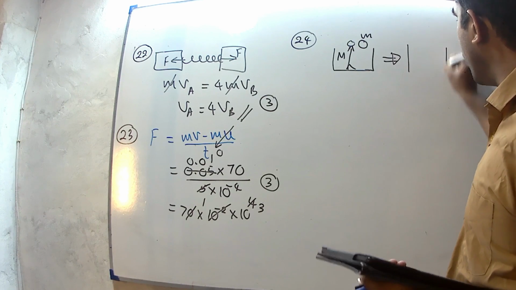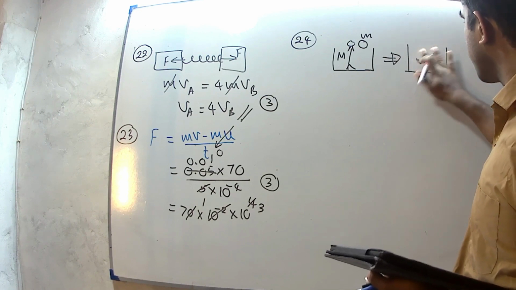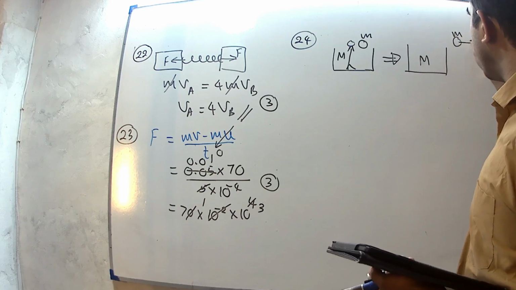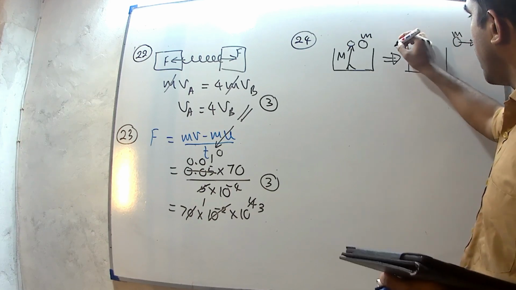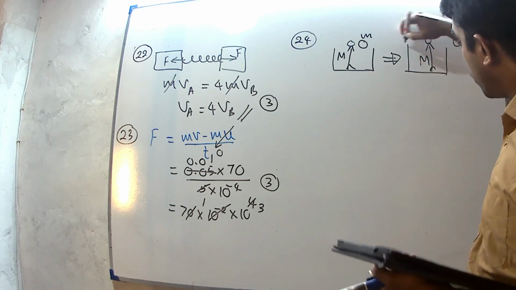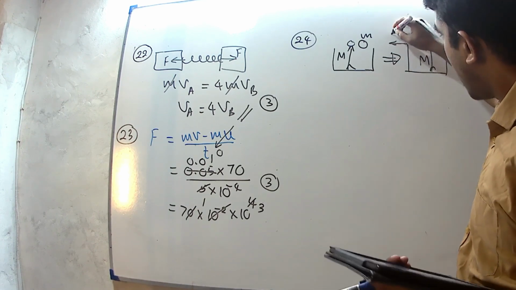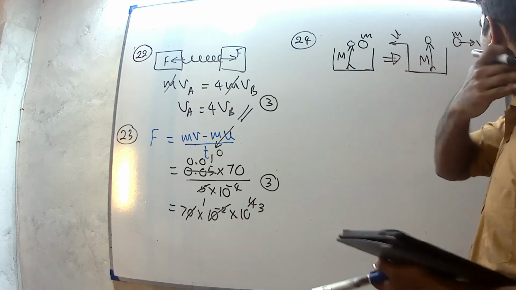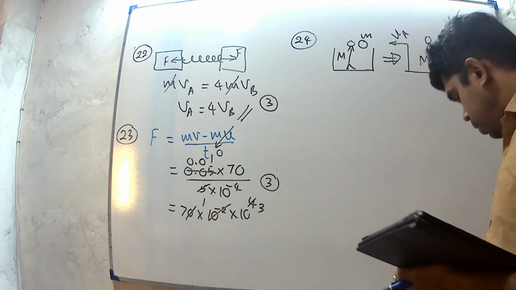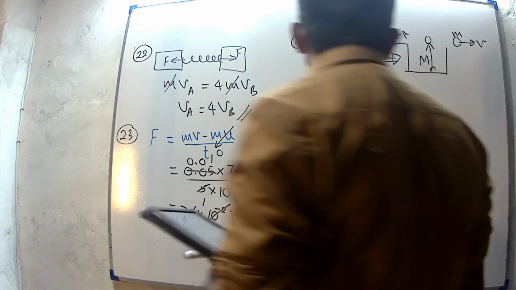After throwing, the ball is moving with V velocity and trolley A should move in the opposite direction. I will consider velocity of trolley A as UA. Then we can use conservation of linear momentum.